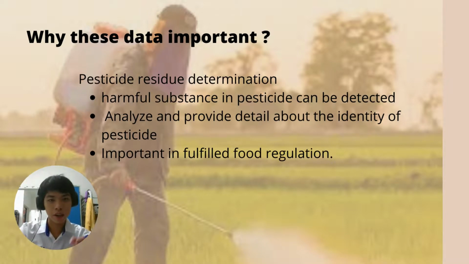Other than that, we analyze and provide details about the identity of the pesticide, so we can know where the pesticide comes from, and try to prevent another round of it or lower the absorption of pesticide into our milk.